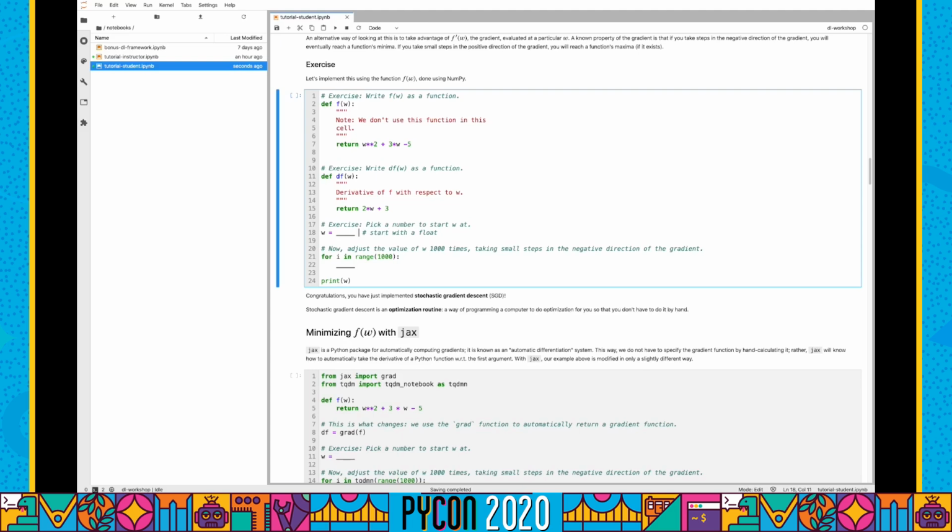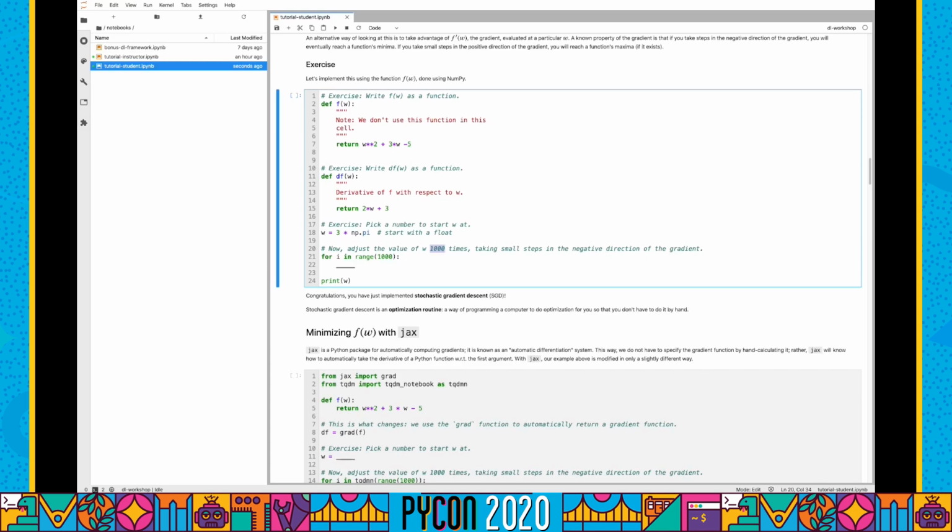Once you've written that down, let's now pick a number to start w at. And I'm going to start with some ridiculous number, 3 times np.pi. And we're going to do this thing now where we adjust the value over a number of small steps. In this particular case, 1,000 small steps. We're going to take those small steps in the negative direction of the gradient. All right.